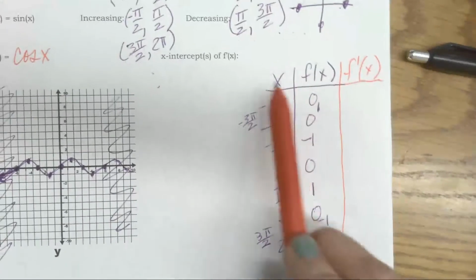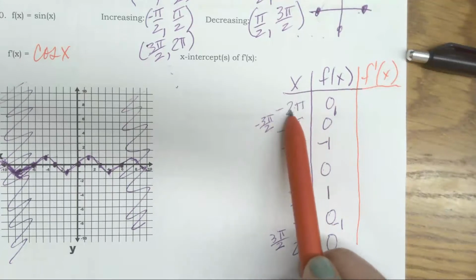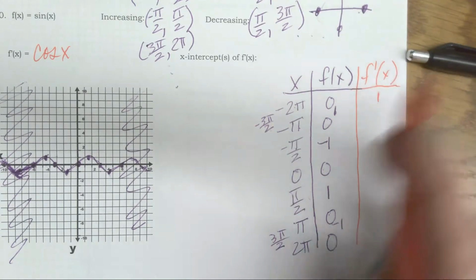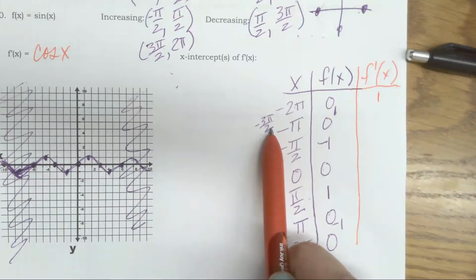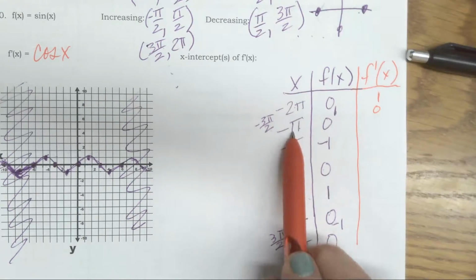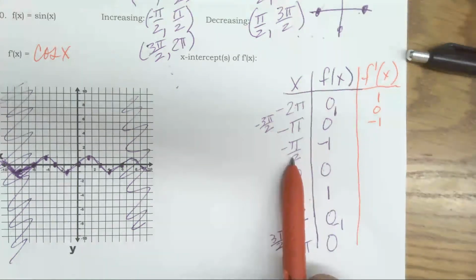So what is the cosine at negative 2 pi? 1. How about the cosine at negative 3 pi over 2? 0. How about the cosine at negative pi? Negative 1. Cosine at negative pi over 2? 0.